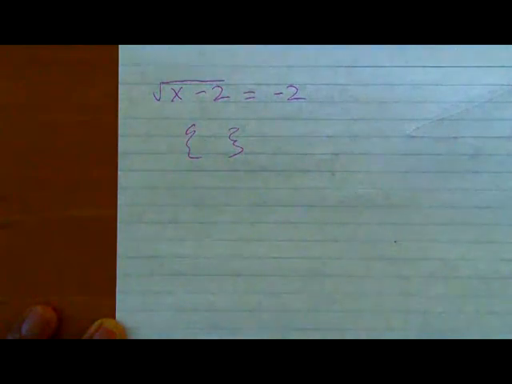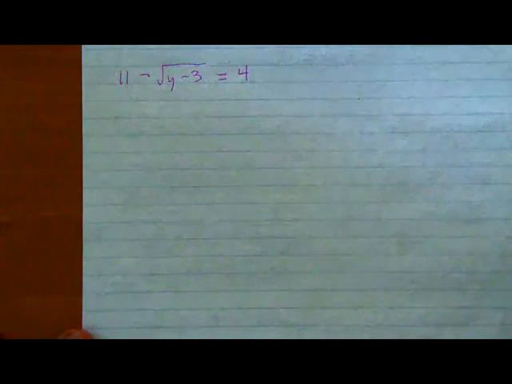Let's try one more then. Okay, here. 11 minus radical y minus 3 equals 4.